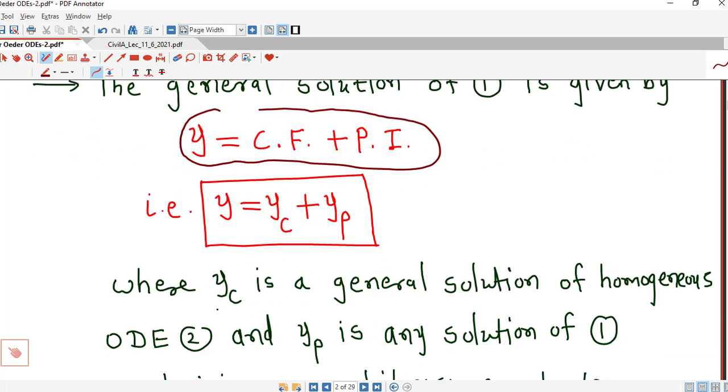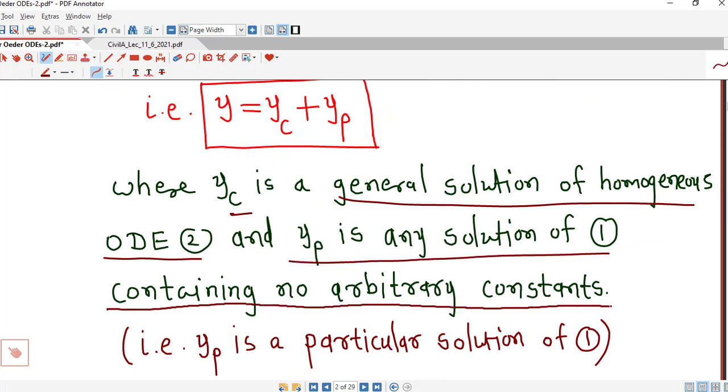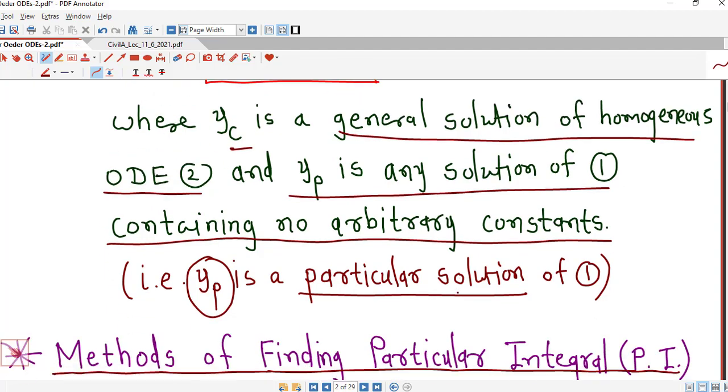Again, this yc is the general solution of the corresponding homogeneous differential equation, and yp is any solution of 1 containing no arbitrary constants. That means yp is a particular solution, it has no arbitrary constants.